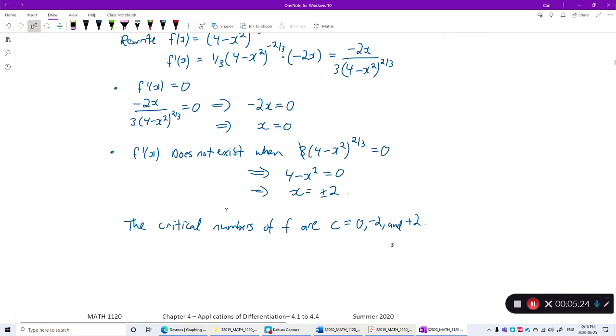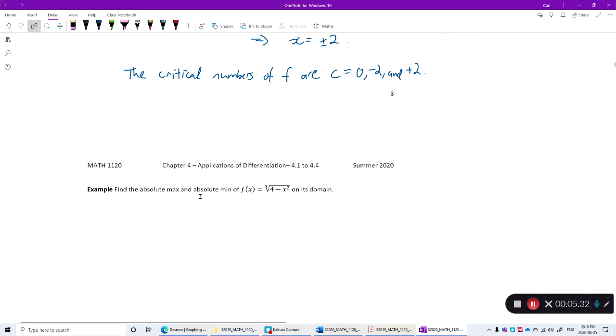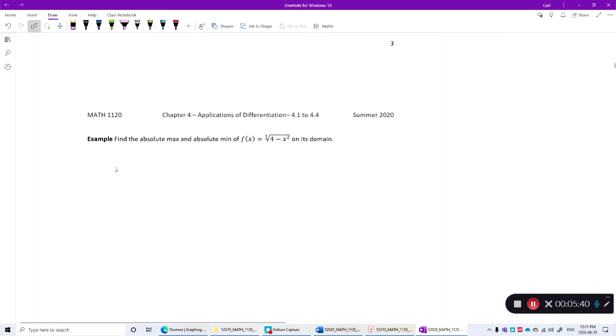All right, and now what do we do with that? Those are the places where there could be a local max or local min. So we're going to use that in the next step. Find the absolute max and absolute min of that same function. We are going to check the critical numbers, which we just found. c is 0 or plus or minus 2.